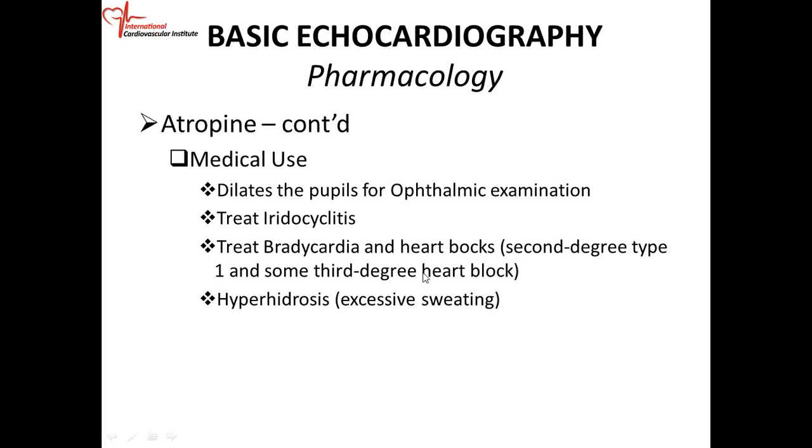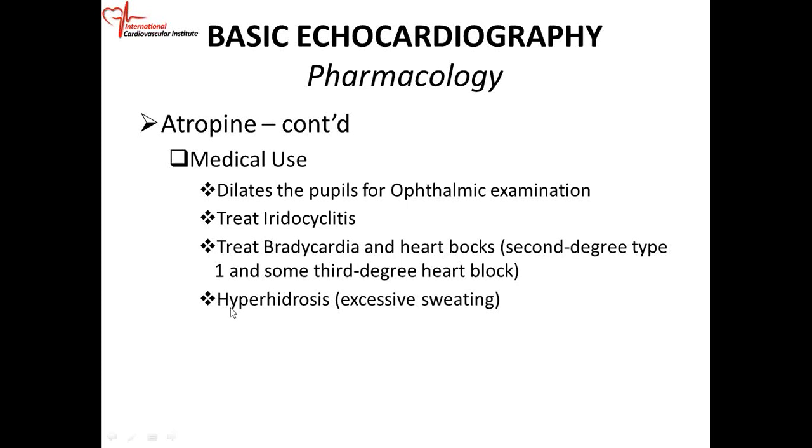AV block. We usually talk about infranodal and supranodal blocks. The reason why it's not effective in infranodal blocks is because there's no vagal fibers down there. So the atropine is not going to work at all. However, supranodal, and when we talk about node, we're talking about the AV node. If the complete heart block is above the AV node, then it's very effective because there's no vagal fibers below the AV node.